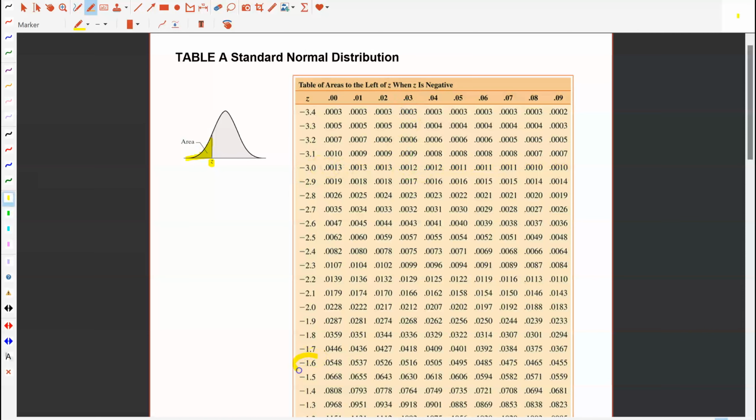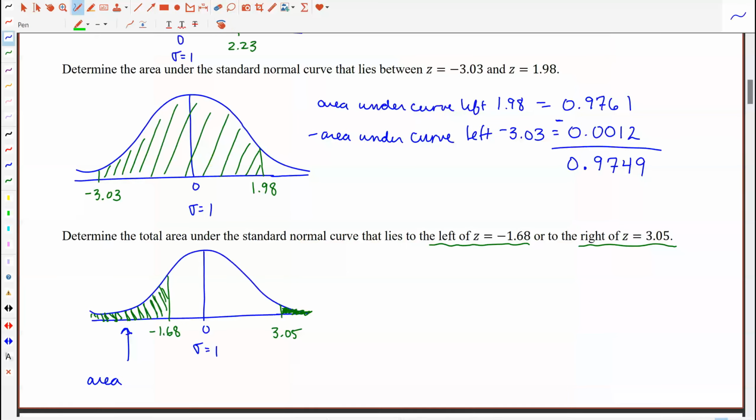Negative 1.6 is right here. I find 8 up here. Come across the row and down the column. So the area to the left of negative 1.68 is 0.0465. Let's go ahead and record that. 0.0465. Now that's just the area over here in this left region.